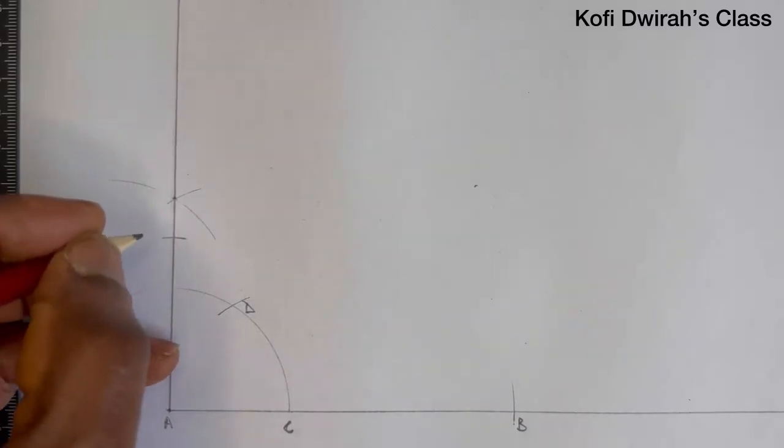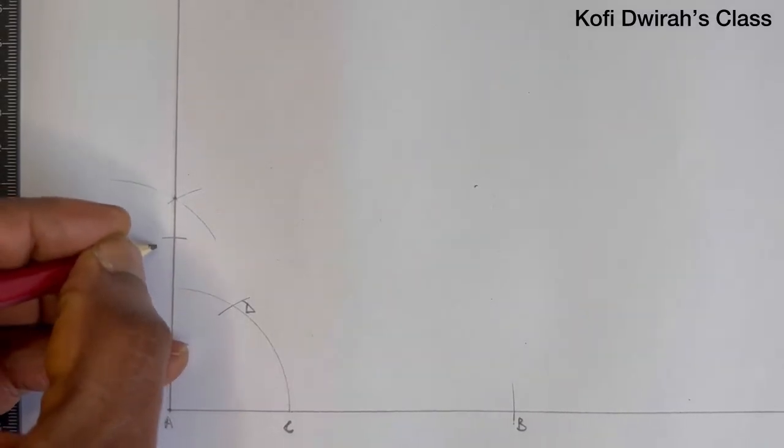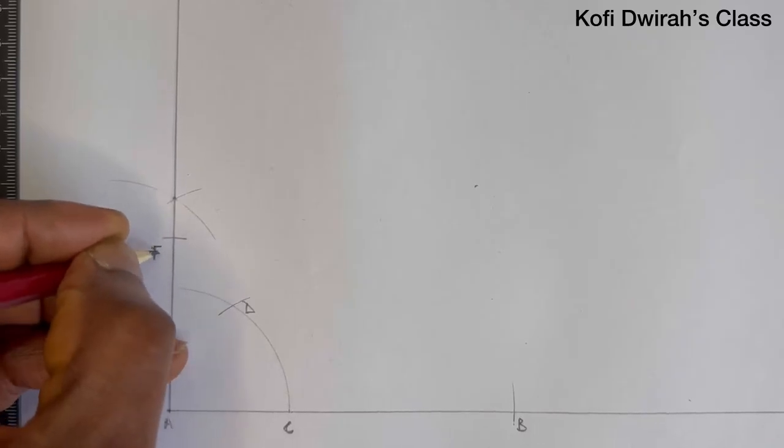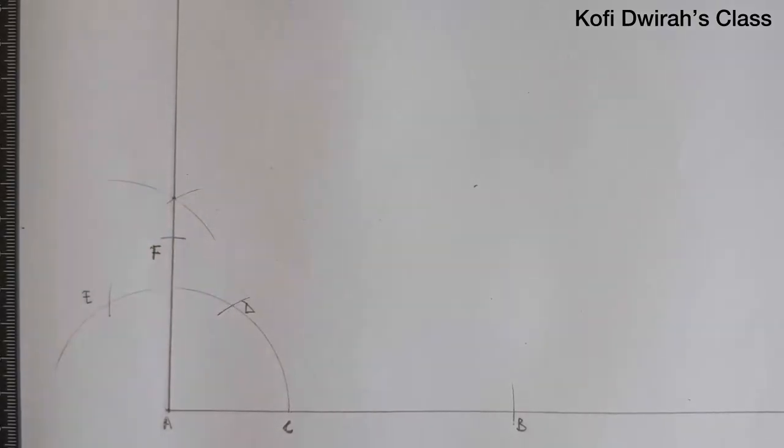So we have this point to be point F. That is the smallest side of the rectangle, because AB is 100 millimeters, and now we have AF to be 50 millimeters or 5 centimeters. So now we have two sides here.